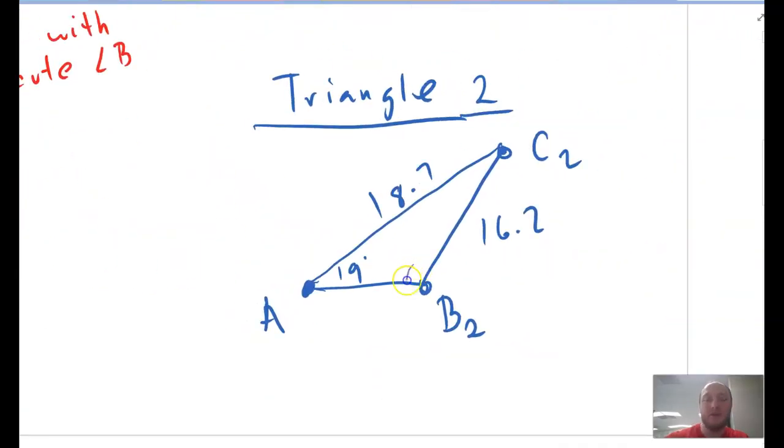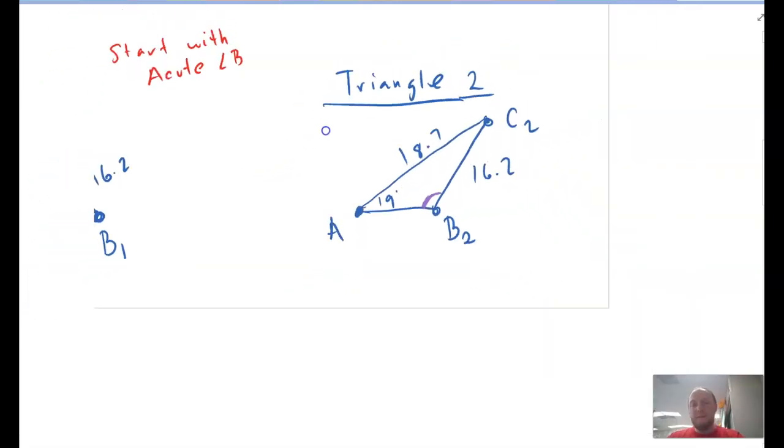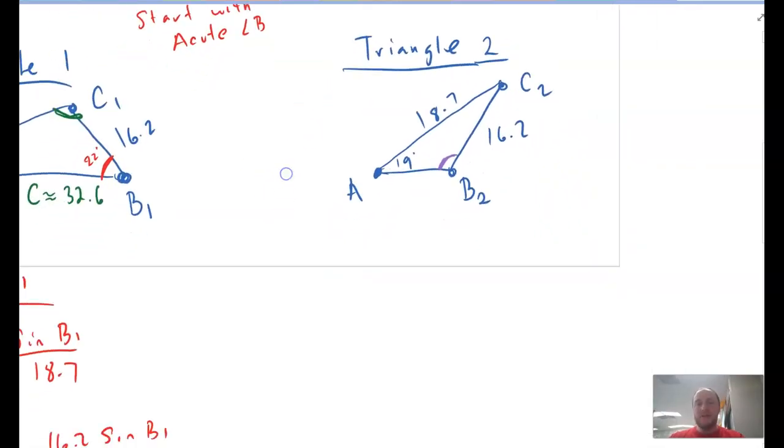That's B2. Okay, and if you look in your notes, the measurement of angle B2 is the supplement to your first angle B, and supplement means they add up to 180. So find the measurement of angle B2. All right, well, that's easy.